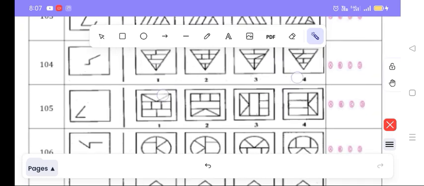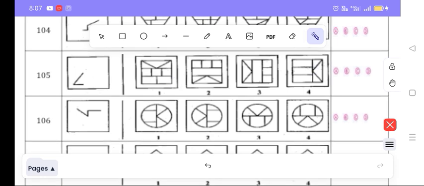Question number 105. You can see two lines which are in the form of an angle. One is horizontal, one is a slant line which is bigger than the horizontal line. When you look at the options, you can find such lines here, slant line and horizontal line, but they are oriented in the opposite direction. So don't choose that one.